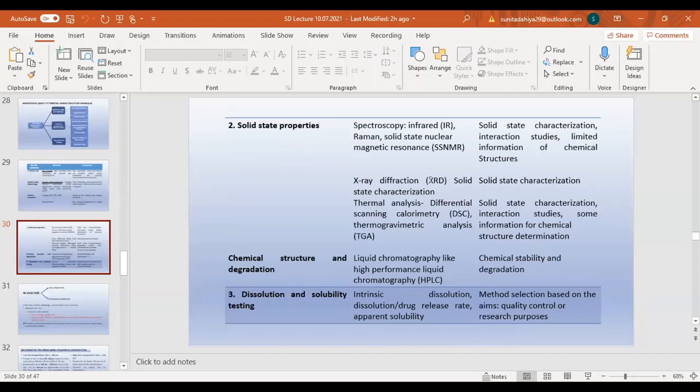So you can calculate the crystallinity index, or the amount of crystallinity and the percentage of amorphousness, when you go for quantitative XRD. You can use IR and solid state nuclear magnetic resonance spectroscopy, that is SSNMR, etc. Also, the HPLC method is used to find out the chemical stability or any degradation in the product when you carry out stability studies. And for dissolution and solubility testing, you can use the orbital shaker or the dissolution apparatus.